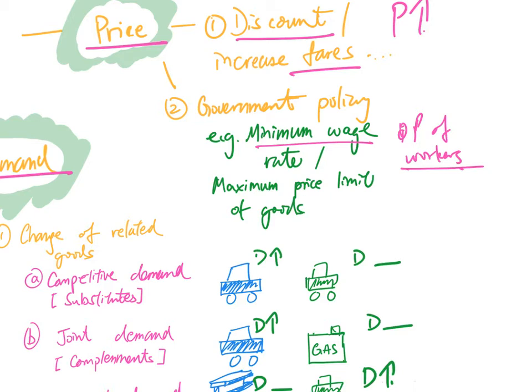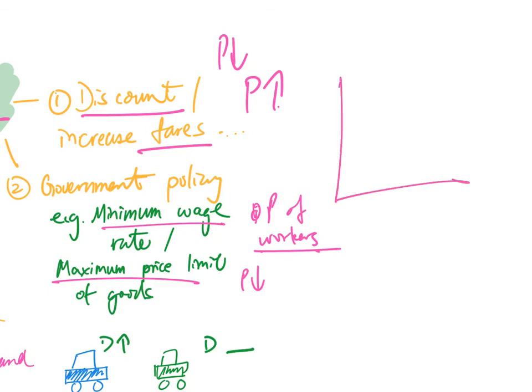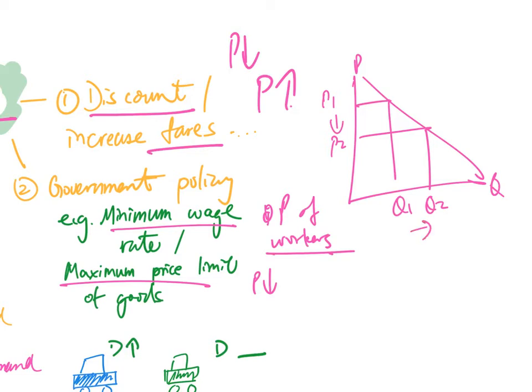Okay, so actually we will increase the price actually. Or that's a maximum price of the goods, and also that will drop the price because the goods cannot go through the limit. So in this case, if there is changes like this in the diagram, we only have a change of the price. For example, it's P1 to P2, Q1 to Q2. Okay, it affects the quantity demanded.